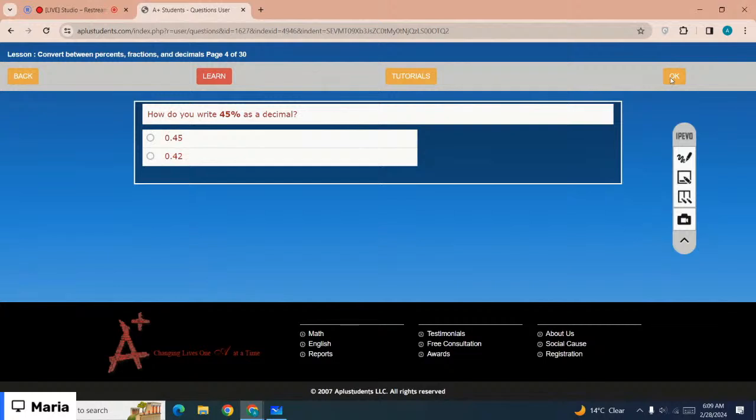You simply have to divide 45 by 100, that is 0.45. The correct option is 0.45, right? Option 1 is the correct option.